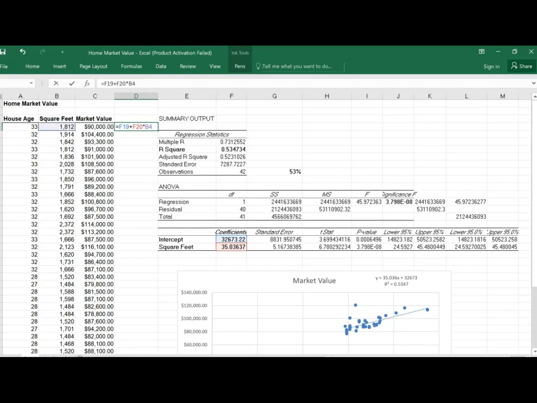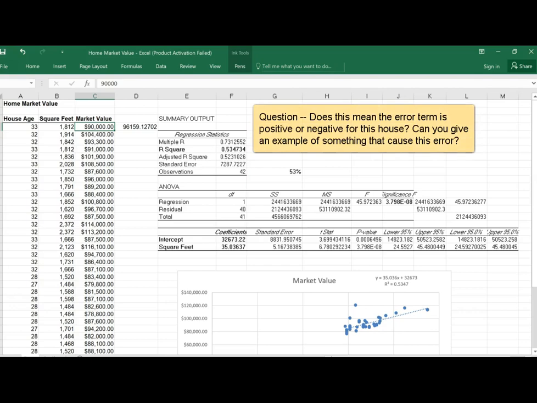What I get from this formula is what the model predicts this house should be worth based on the square feet. The model thinks it's going to be worth $96,159, but it was actually worth $90,000. What does that mean about the error term? Is it positive or negative?